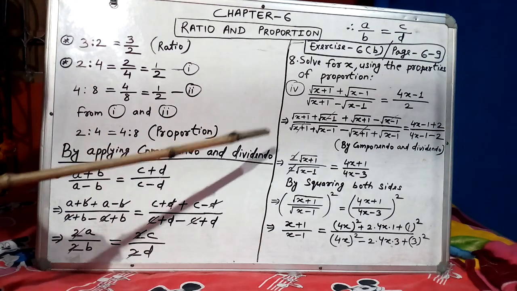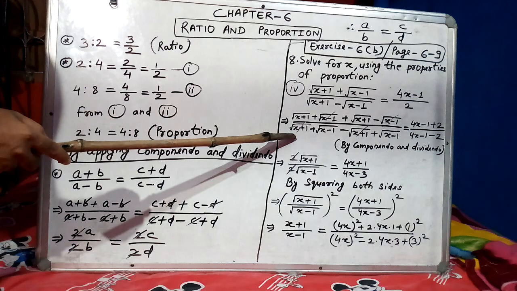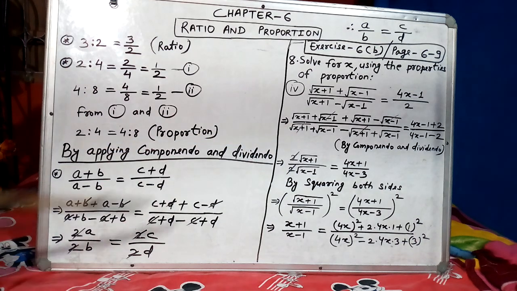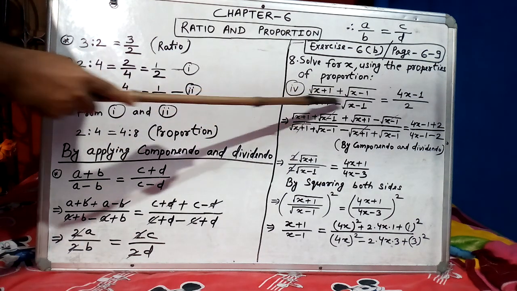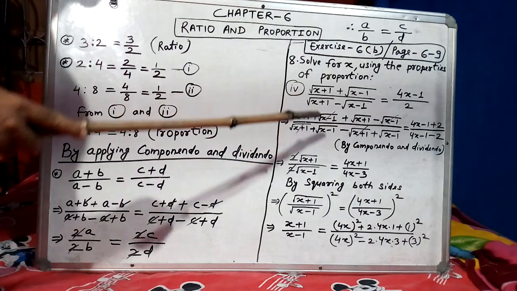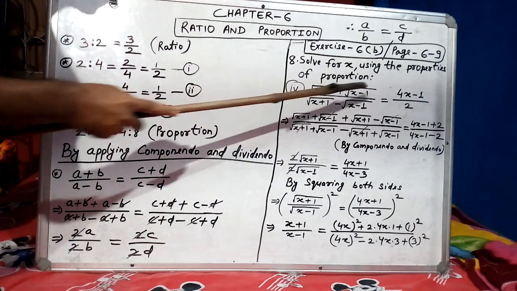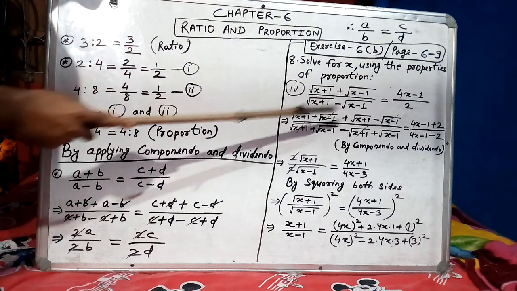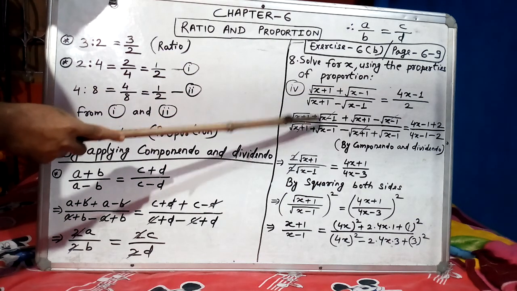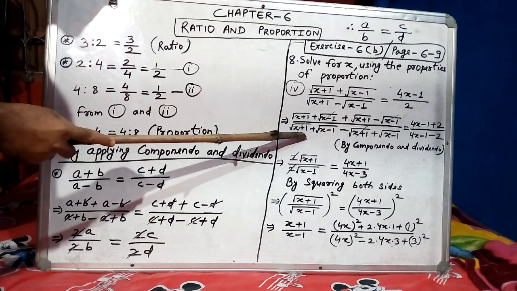So let us start. Now we are going to apply componendo and dividendo. How do we write componendo and dividendo? You all know the numerators and denominators are repeated. Both expressions of the numerator we will write up and down, on the numerator part also and on the denominator part also.